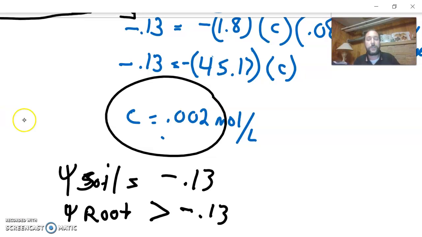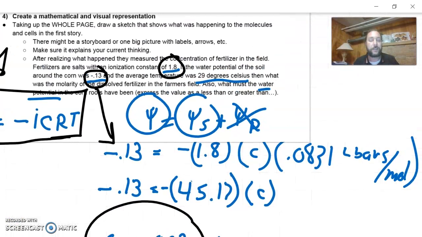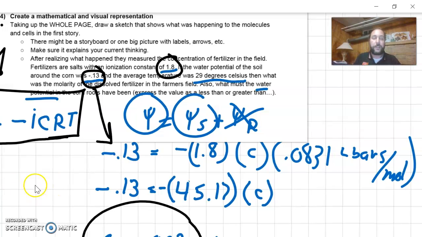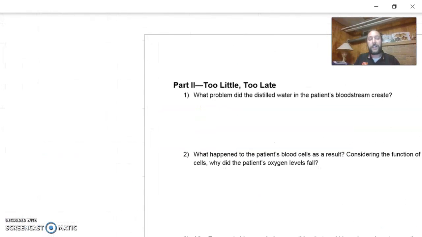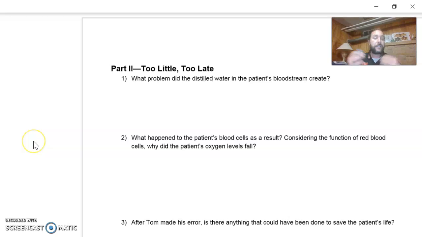So it asks you to express that as greater than or less than. And that's just, again, water's moving from high to low, so it must have been greater than the solute potential.